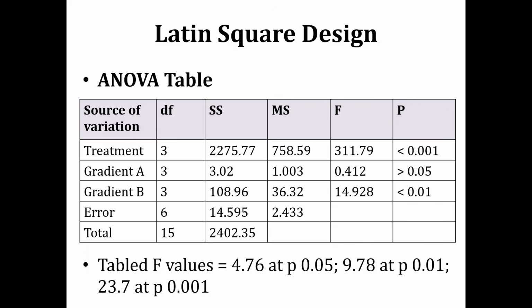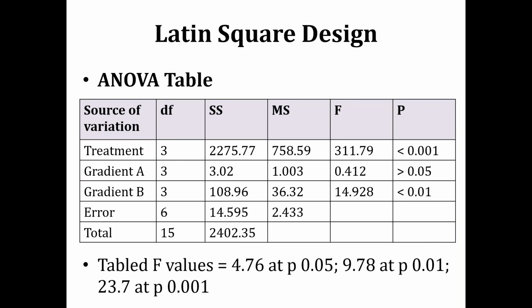Now we have to compare these mean sum of squares or variances, and we get the F values, and the F values are documented in the next column. So we have 311.79 for the treatments and 0.412 for the gradient A, 14.928 for the gradient B. And as expected, we can see that this 311.79 is much greater than 1, because the table value is 4.76 at probability of 0.05, and the degree of freedom of 3 and 6.